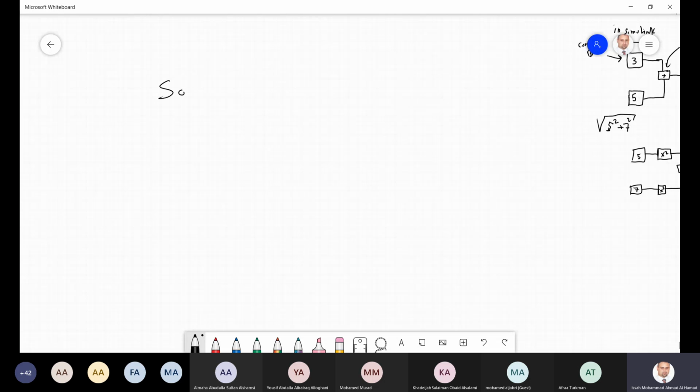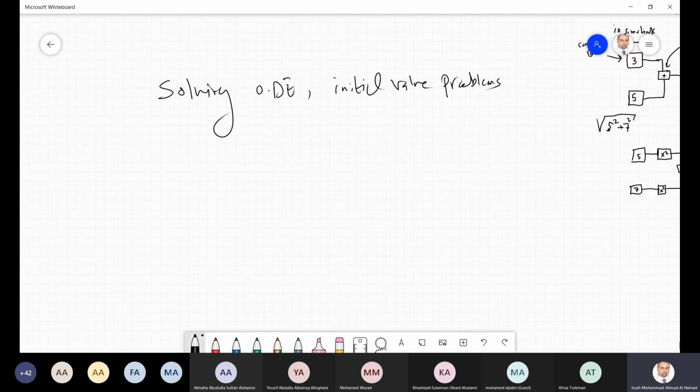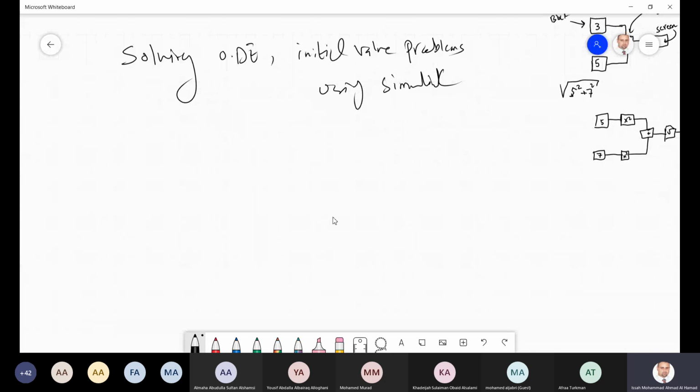So I can talk about solving, or actually we will solve, an initial value problem using Simulink. I will start with this differential equation.